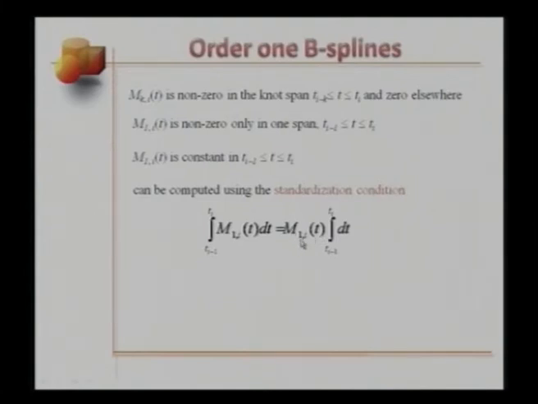So this is M1 I of t times the integral from t I minus 1 to t I of dt. This is M1 I of t times t I minus t I minus 1, and this is equal to 1. So M1 I of t is equal to 1 over t I minus t I minus 1. With this information here, the tabular construction that we had seen in the previous slide will work very well.